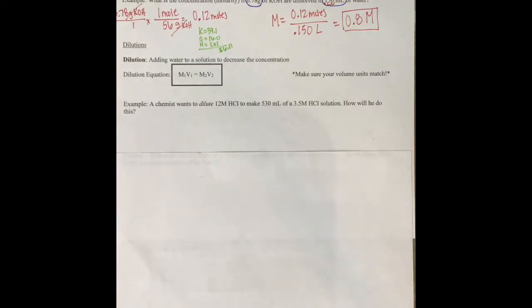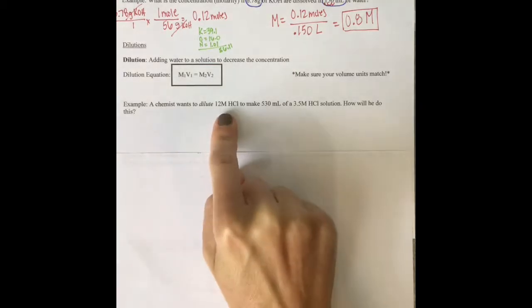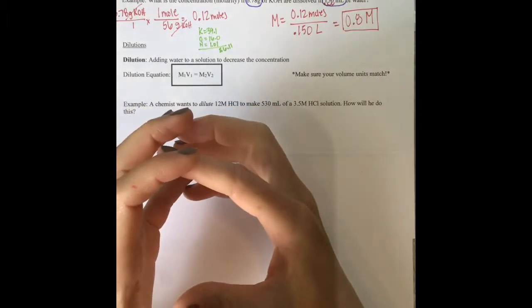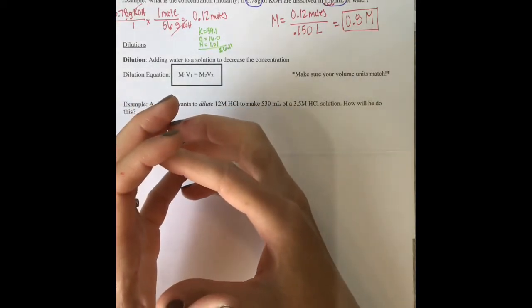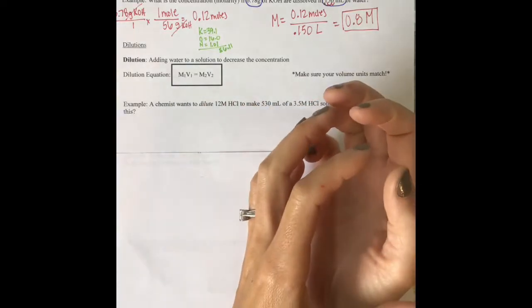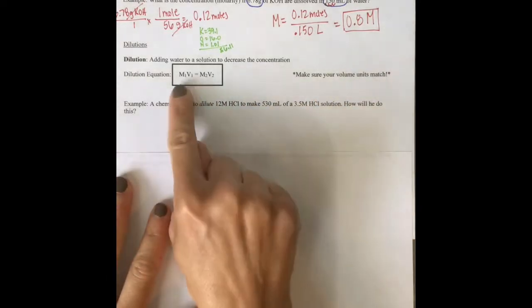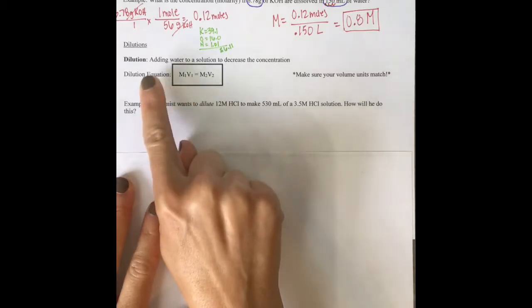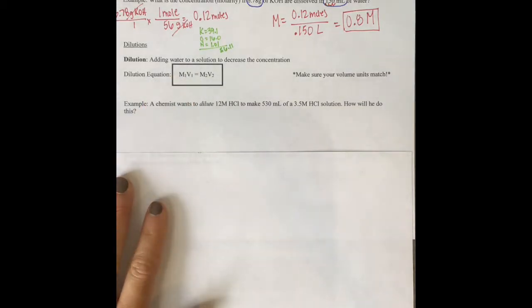And so often in a chemistry setting, you will have a really strong stock solution. You'll have a concentrated acid, and you'll be asked to make a more dilute solution from that. And there's a formula that you can use to figure that out. This is your dilution equation, and you do need to know it.